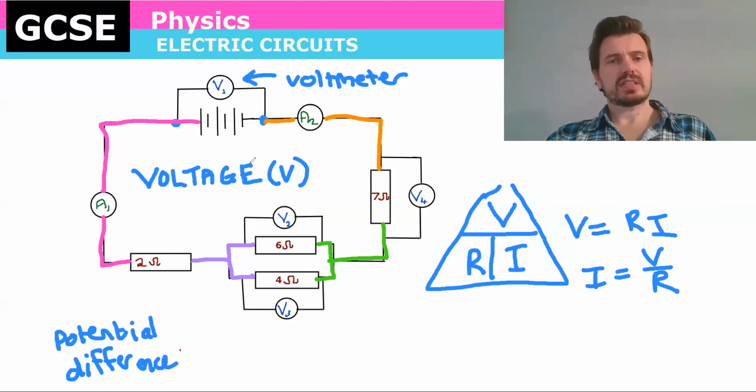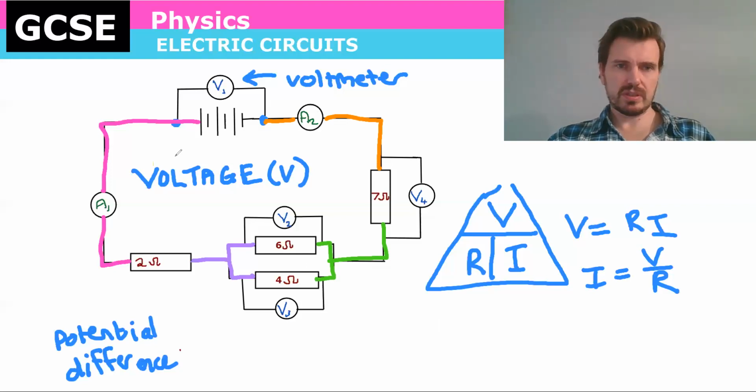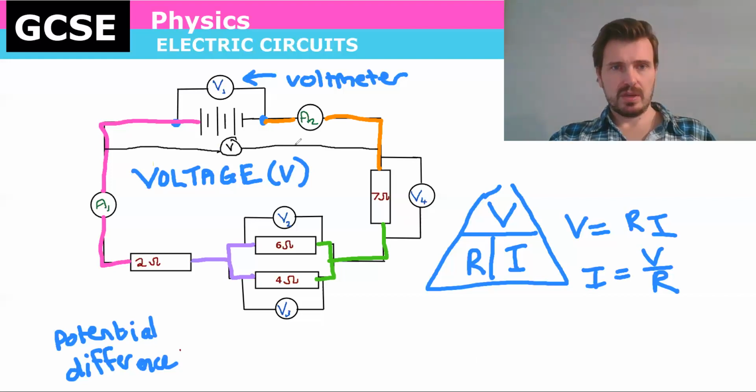So when we look at these colors, if you draw the colors in the circuit, if you have time, you can then know what voltage is being measured. If I was to draw a voltmeter over here, another voltmeter, we see that it's measuring the pink and the purple potential difference.